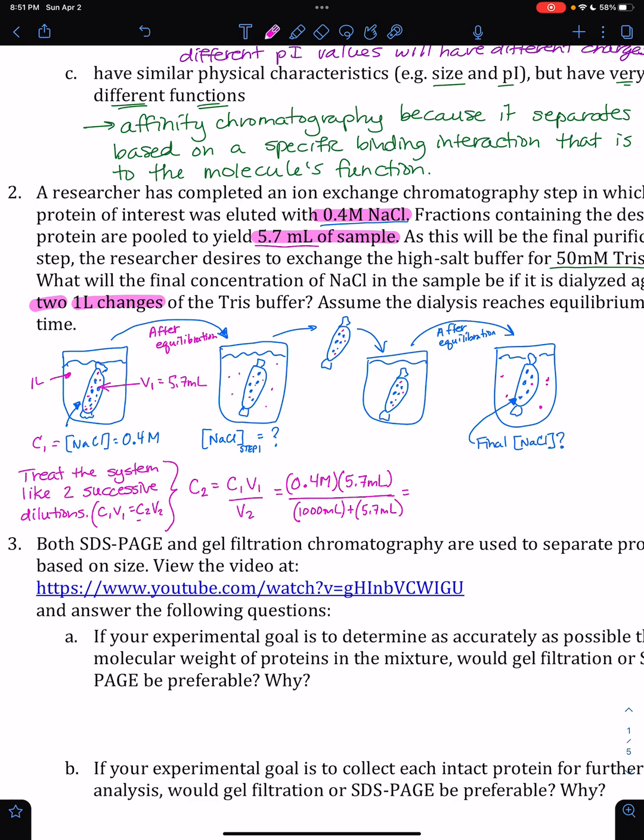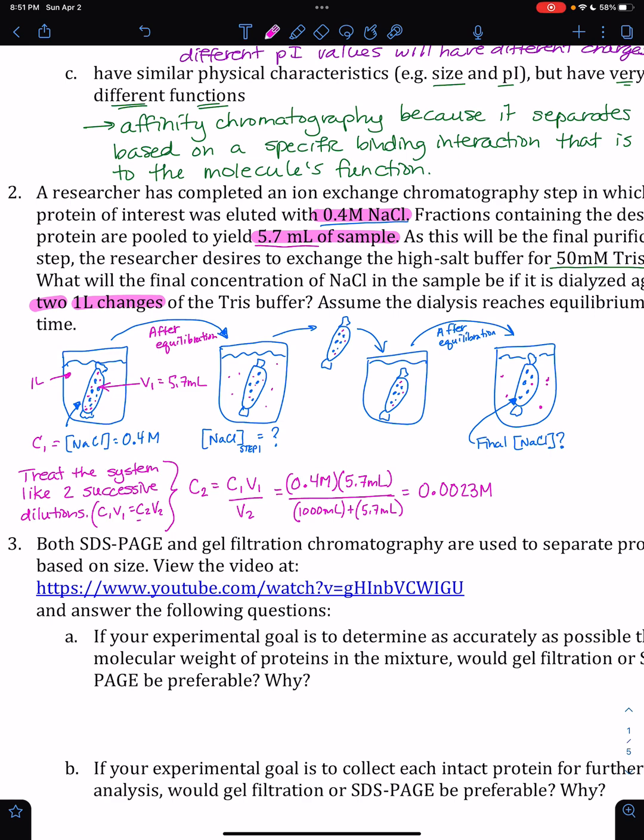So when we do that calculation, we have 0.4 times 5.7 divided by 1,000 plus 5.7. And so that comes out to be 0.0023 molar. That's a very tiny concentration. So we've gotten rid of almost all the salt in the bag just with that one step of dialysis.